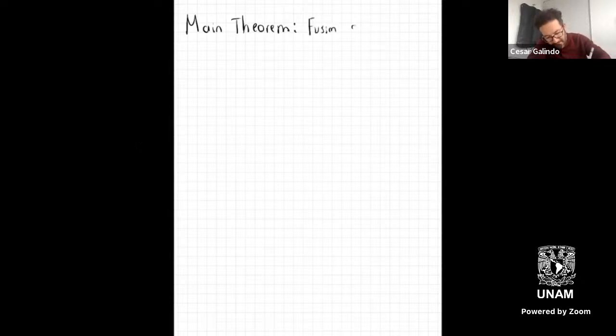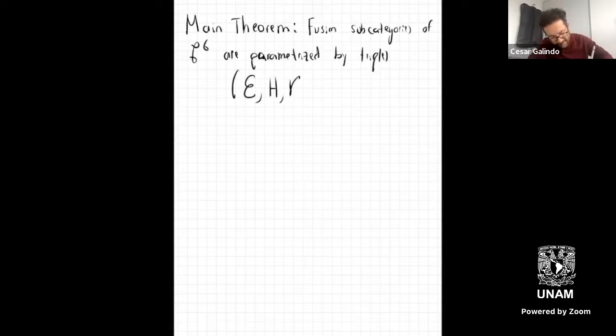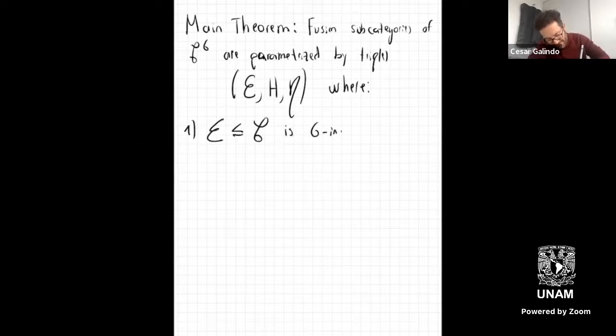Fusion subcategories of the equivariantization are parameterized by triplets where, first, E is a fusion subcategory of C, but more, it's a G-invariant fusion subcategory. And I know that I haven't said what a fusion subcategory is. This is something that I will do in a moment.